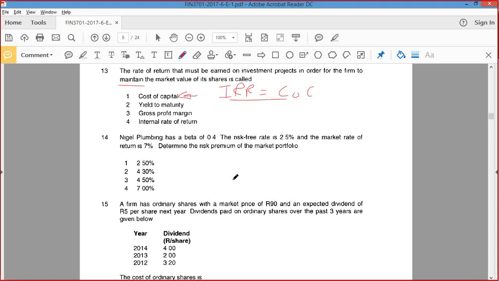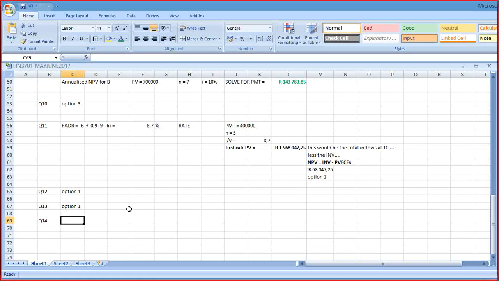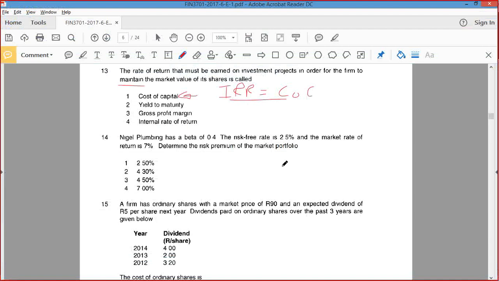I do remember reading that. I just wanted to confirm. So the managers prefer the IRR, but NPV is actually far superior. They prefer it because it's a rate that they can compare, but NPV is always the best.